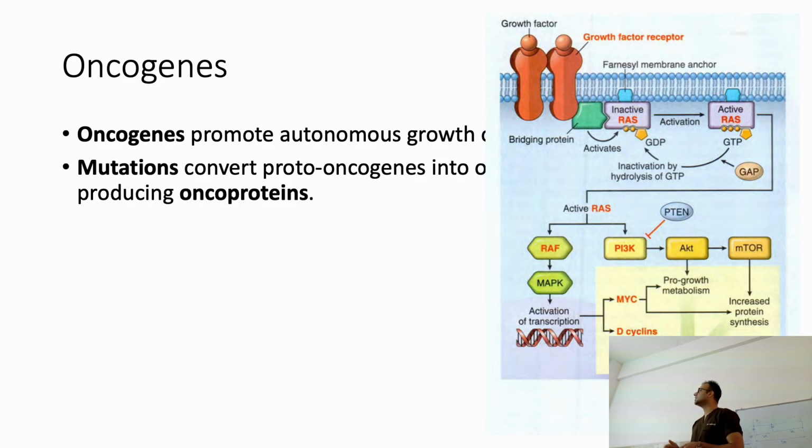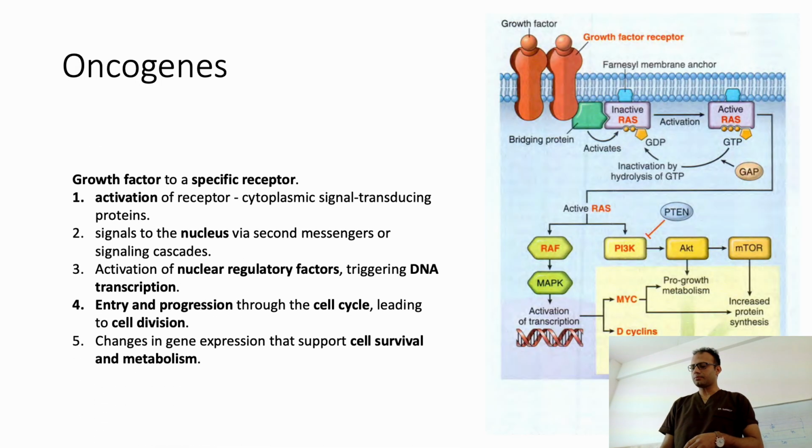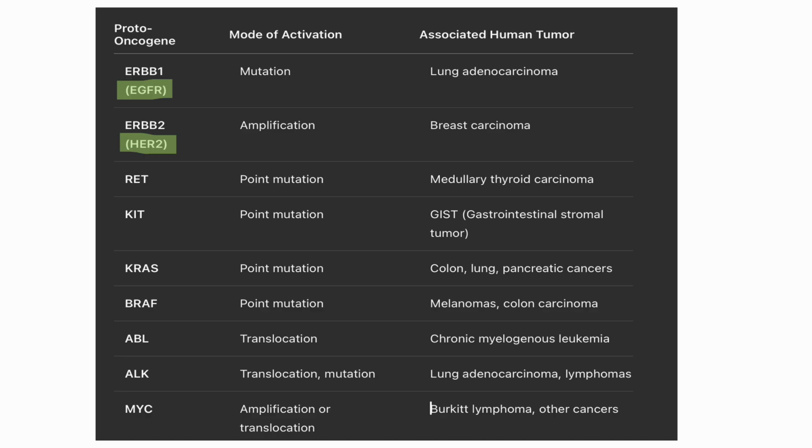These are all growth factor pathways, which if activated abnormally, will lead to abnormal or unnecessary cell proliferation. And ultimately, these changes in the gene expression also support cell survival and metabolism. The proteins will be encoded as the cell requires according to the new environment.